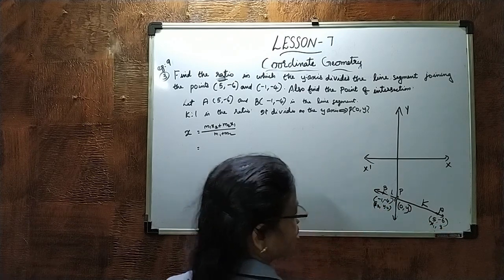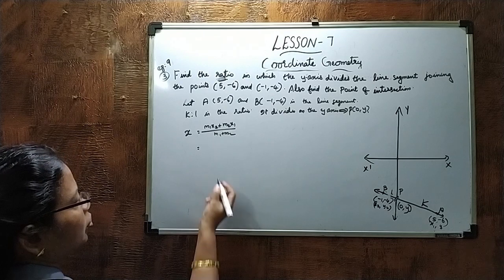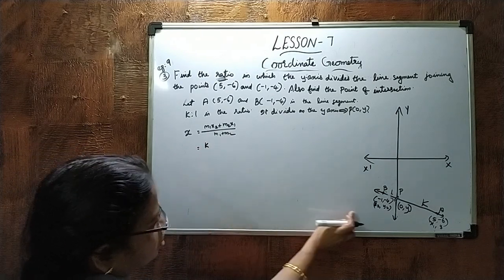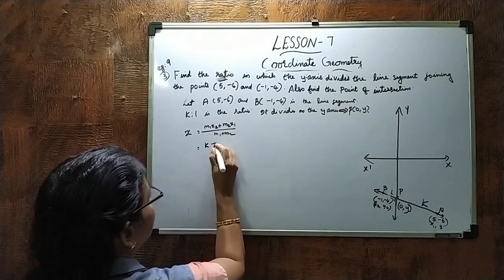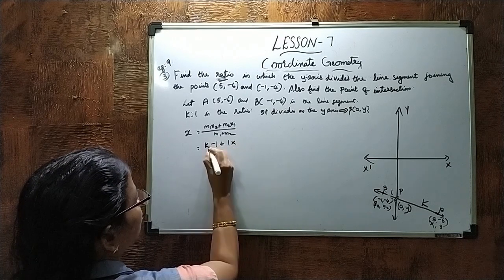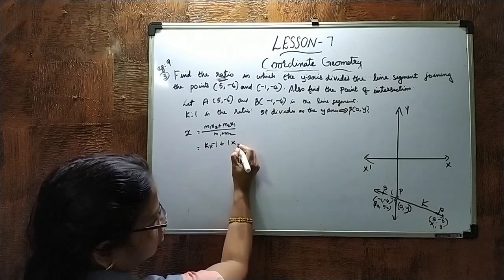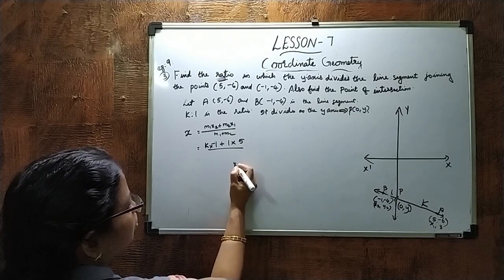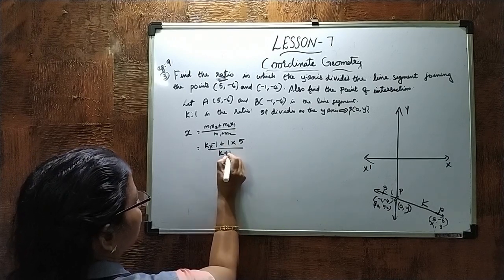Then x2, y2 it is 1. Okay, so it will be k into x2. x2 is here, it is negative 1, plus m2 is 1 into x1, which is 5. The whole divided by m1 plus m2, it is k plus 1.